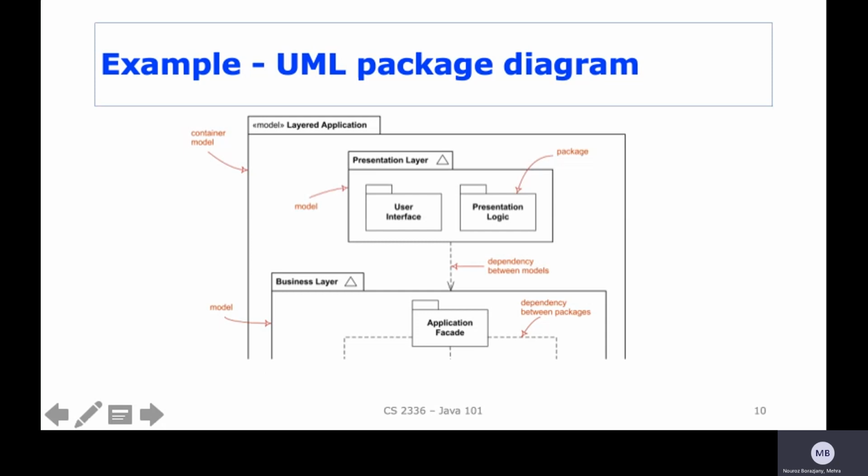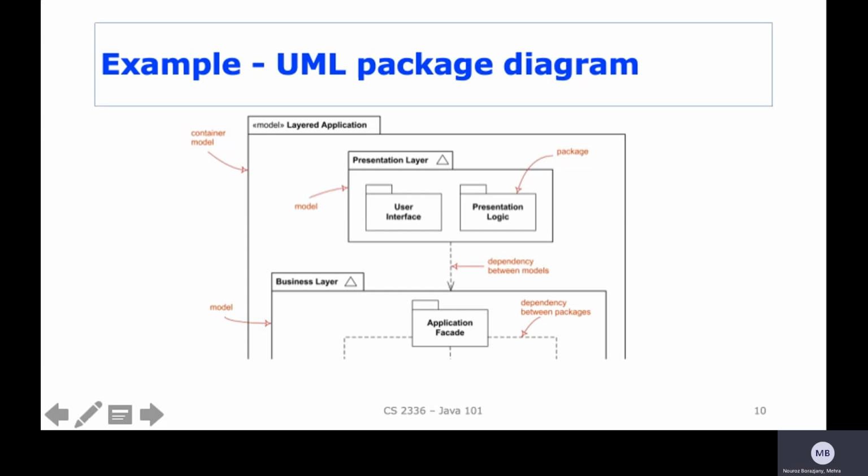Dependencies, as you can see in the UML diagram, look like a dotted line with an arrow on top. That's basically a stick arrow. It's not a triangle or anything like that. It's not a solid arrow. It's just a stick arrow with a dotted line, and that is called a dependency. It shows that probably one of my classes inside this package is calling another class inside my business layer.